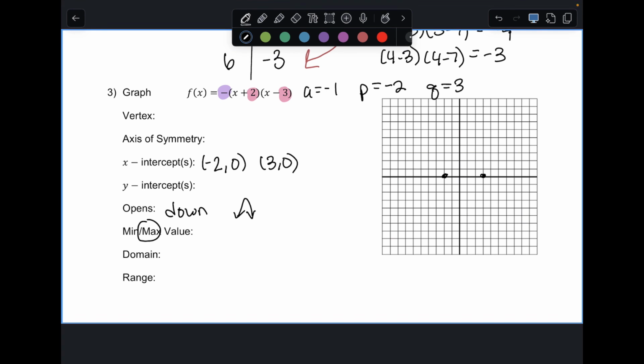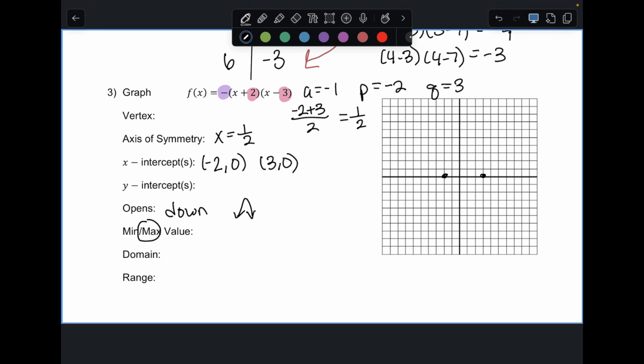Don't we also have the axis of symmetry? We have to find it. We have to do some math. But besides looking at it, can we just take half of it? Yeah, in a way, we could just look at our graph and take half of it. But if we take half of this, we're going to get a fraction. So I'm going to double check it with my P's and Q's. To find the axis of symmetry, P plus Q over 2, I end up getting 1/2.